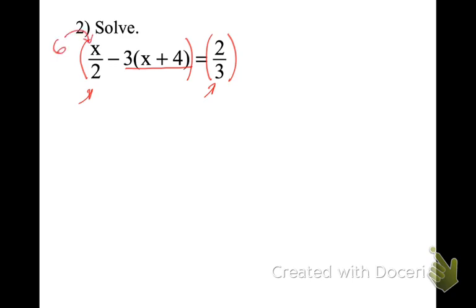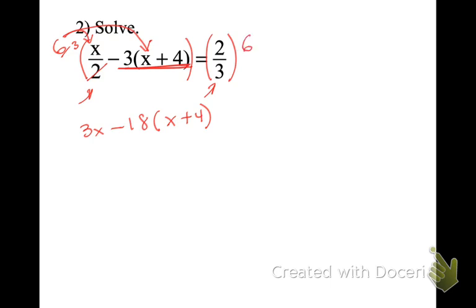So when I distribute, it's 3x. And when I distribute here, this is all one term. So I only distribute the 6 here to that 3. It becomes minus 18 times x plus 4. Because once you multiply that 18 in to the parenthesis, the 6 will go in there.